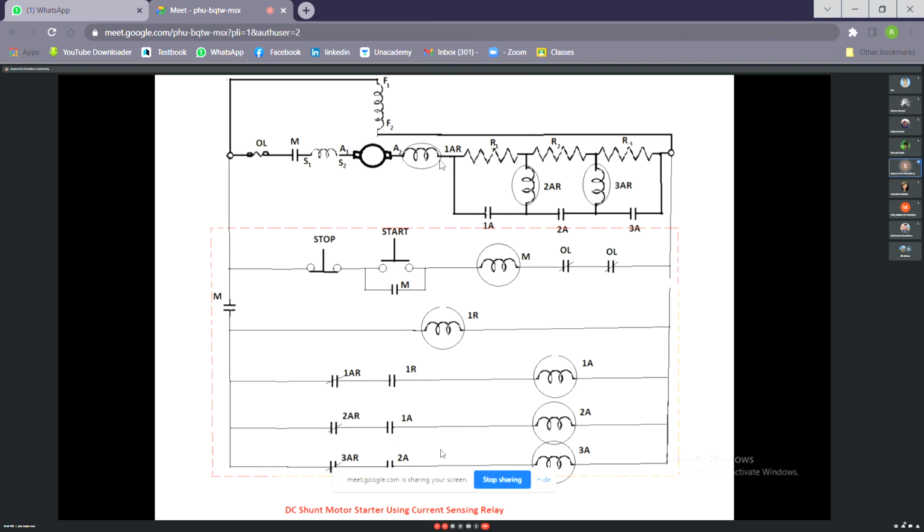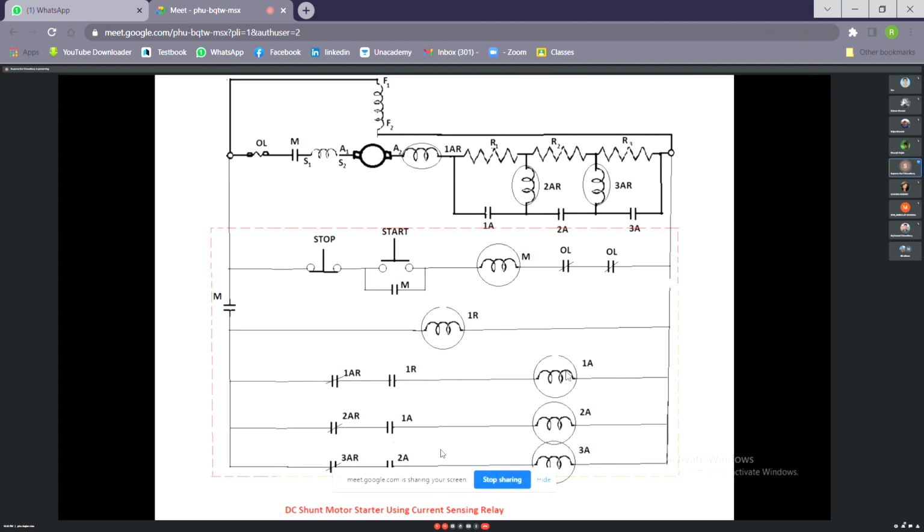As this relay picks up instantaneously, and this is a normally closed contact, as soon as this relay picks up, this will open. So in this circuit, actually this is open and this is closed. When this relay drops down, when the current falls to a certain value, this contact will go back to its normally closed state.